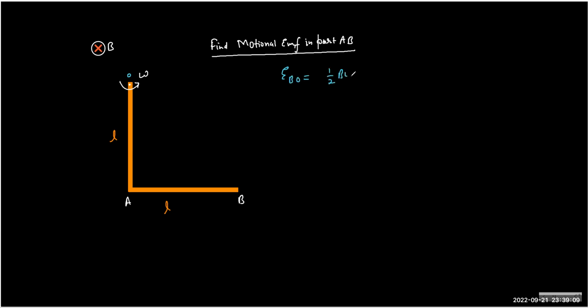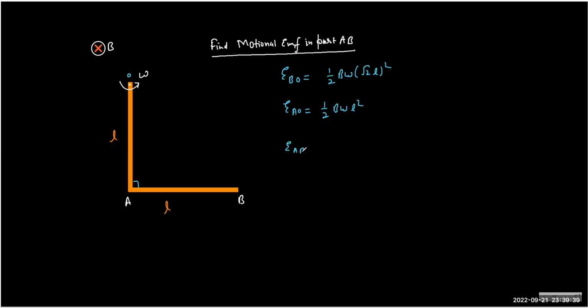Half B omega root 2L whole square. Yes, because for the entire rod, the displacement is root 2L, right? Yes, sir. And we can do it for the AO separately. If I consider only the rod from O to A, the answer is known to us. Correct? Yes, sir. So what is from A to B?